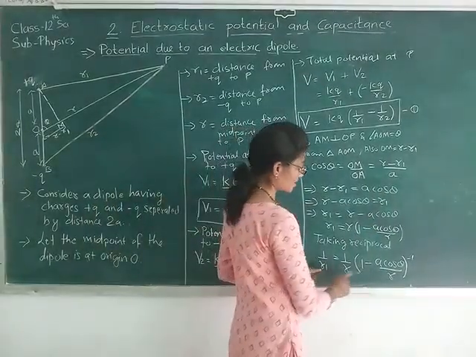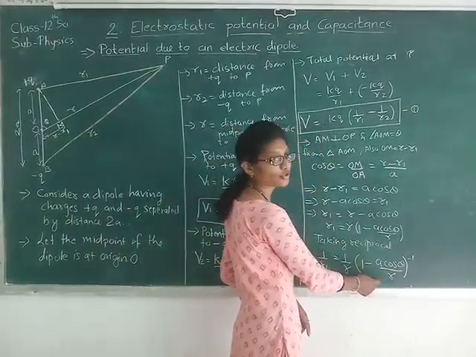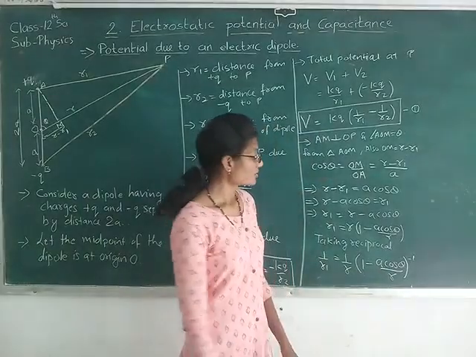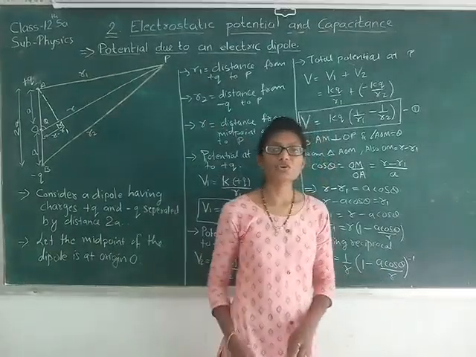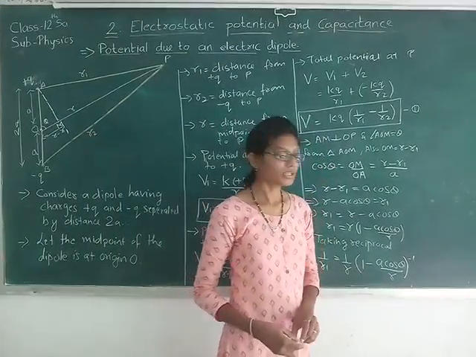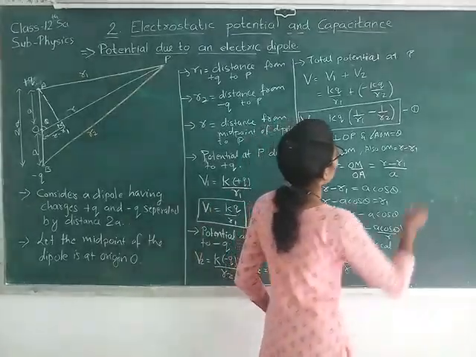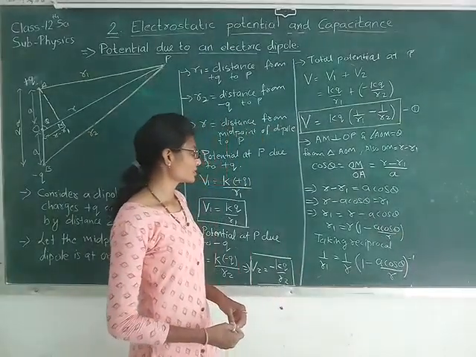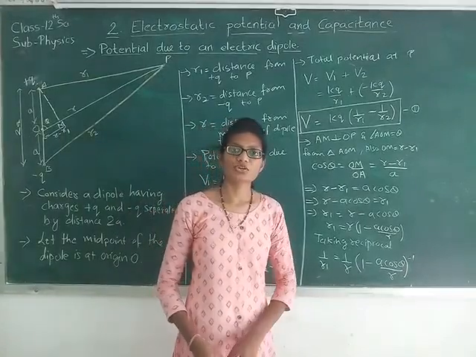Now see, here we are having the negative power of this term. So these terms can be solved by using the binomial theorem. So first of all, write down up to here, then we will be solving the further steps.